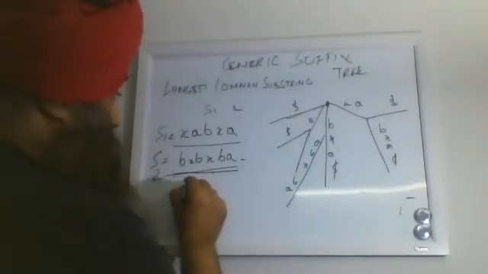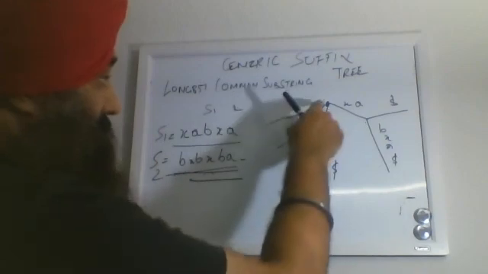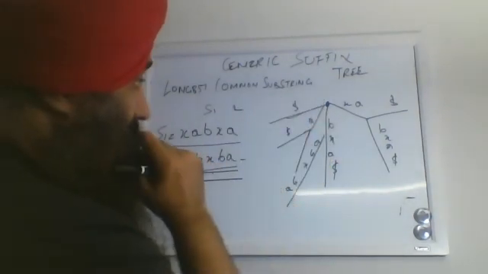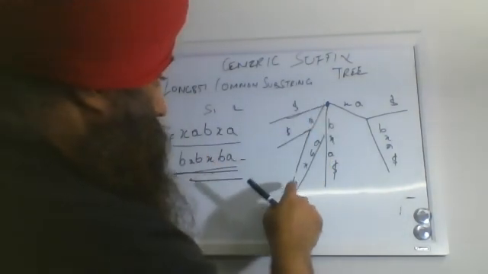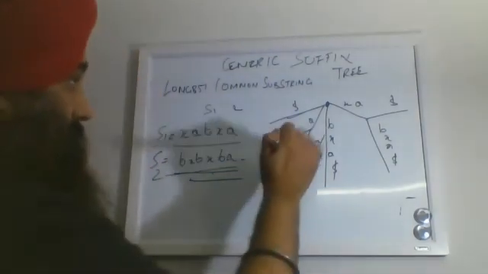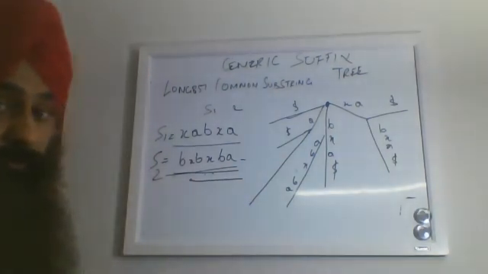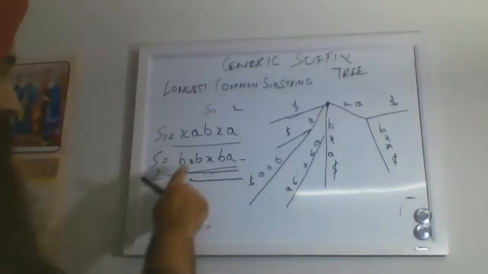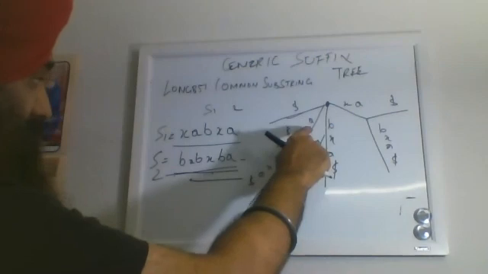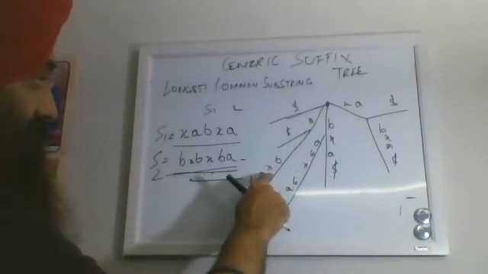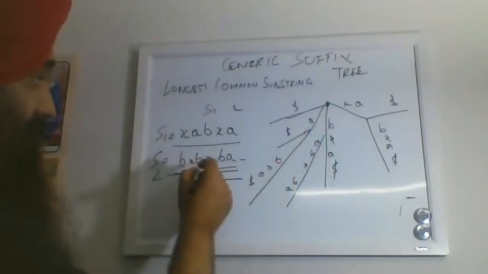Second is this whole string. Next you begin from A. You see A is there, B is there, X is there. After X, it doesn't match.